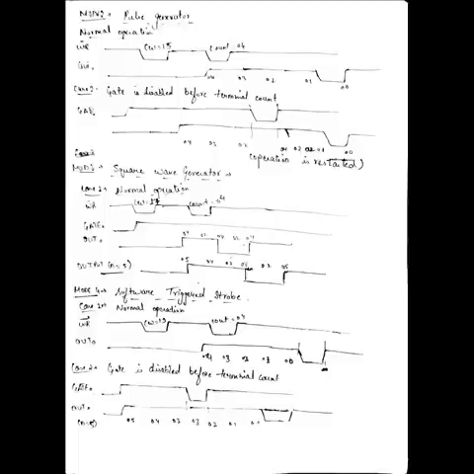Now case 3 is if a new count value is loaded before terminal count, then what will happen? Likewise I have drawn the write bar with control word equal to 11 and count equal to 04, and the counter has not decremented up to 0 when a new count value 03 is loaded.